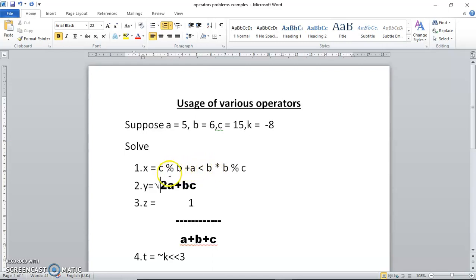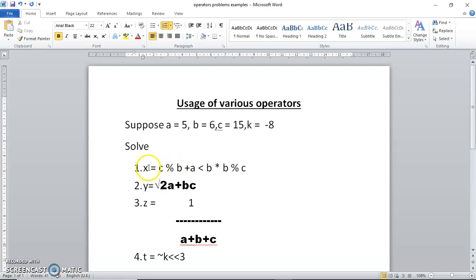Among the arithmetic operators, percentage and star are at the same level, and plus is a level below percentage and star. In this expression, first c percentage b is evaluated, then b star b is evaluated, and then percentage c is evaluated, and then of course plus would be evaluated, and the greater than and less than symbols would be there.